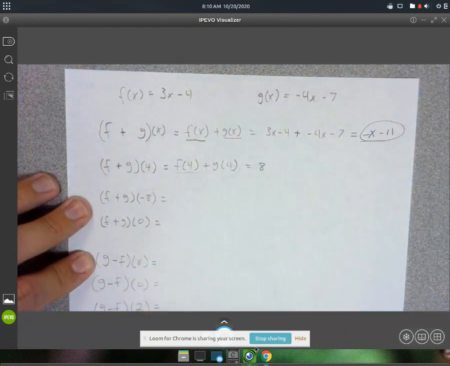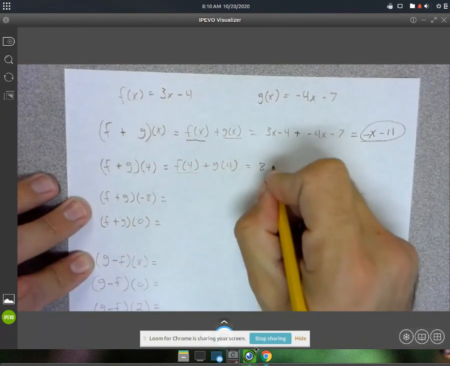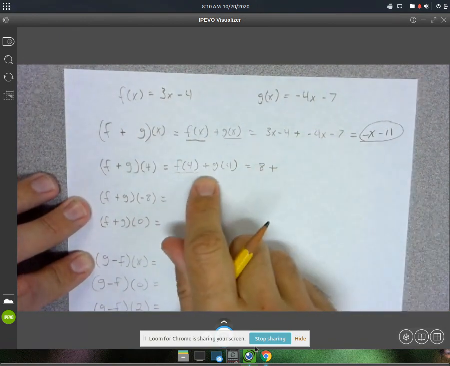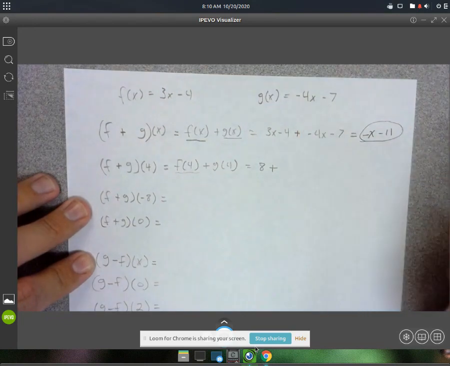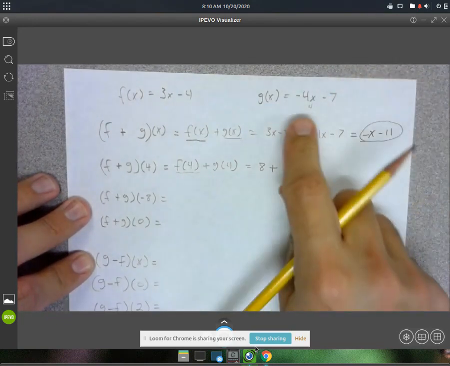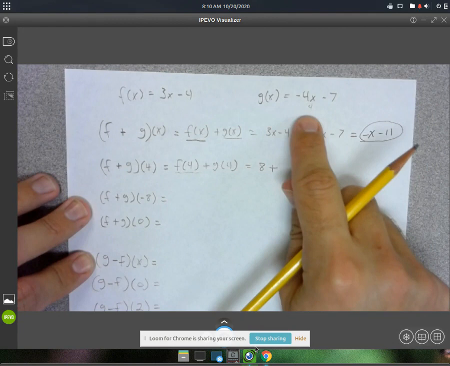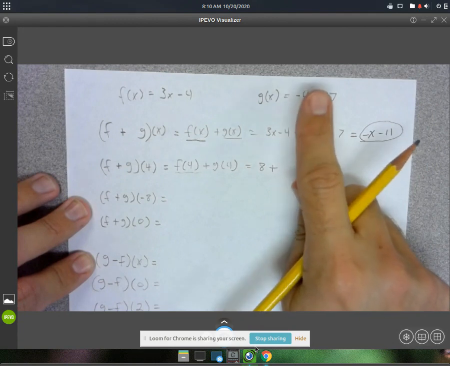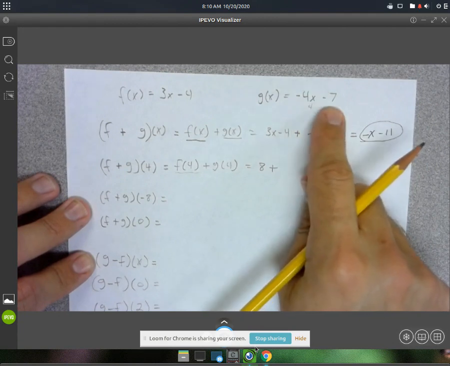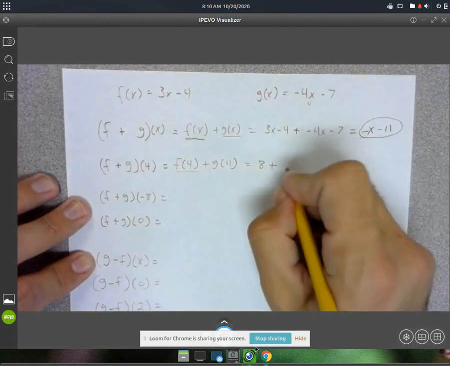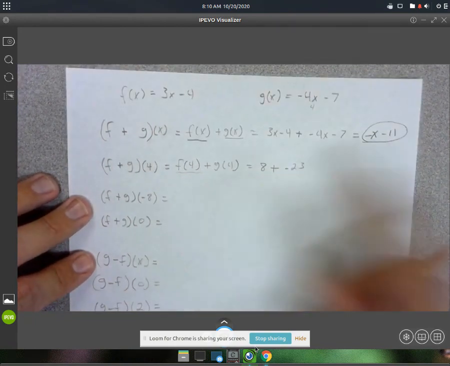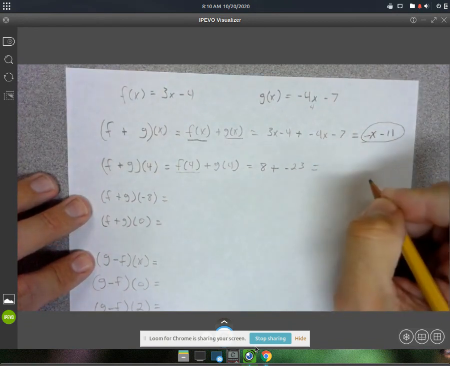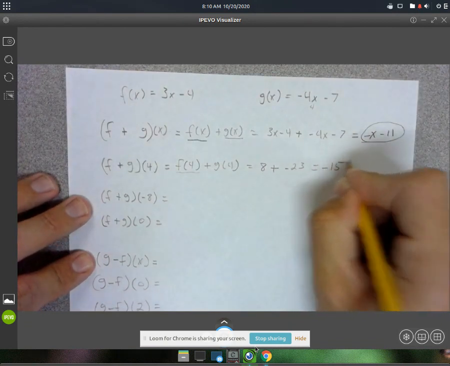Then plus, because you're adding them, g of 4: if you plug in 4 for x, you would have negative 4 times 4 is negative 16, and then negative 16 minus 7 would be negative 23, I believe. And then 8 plus negative 23 would be negative 15.